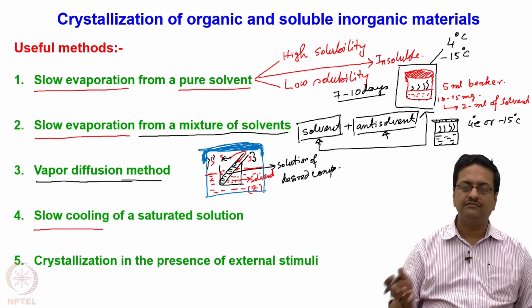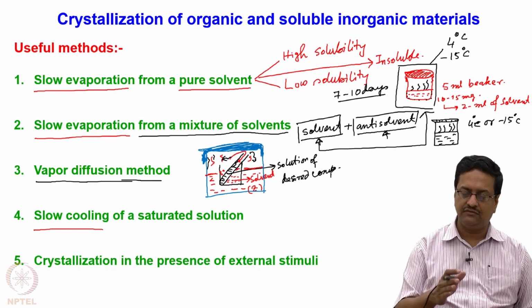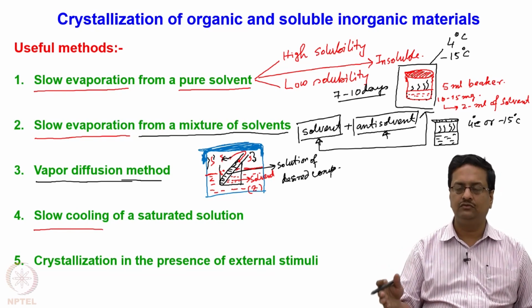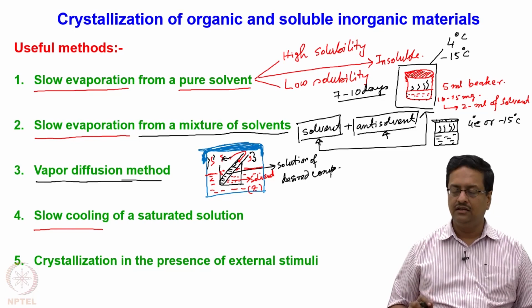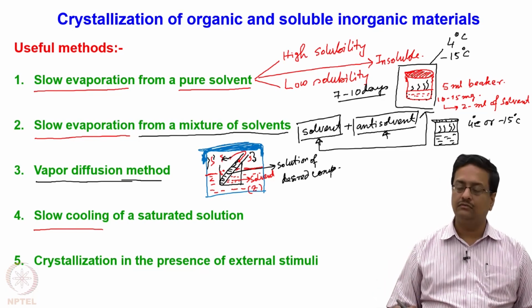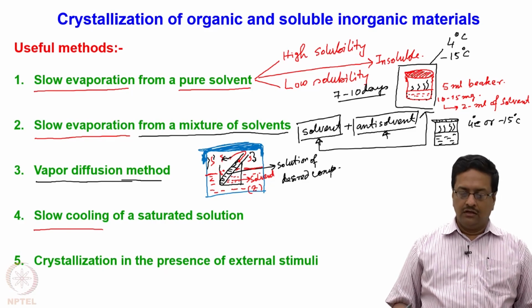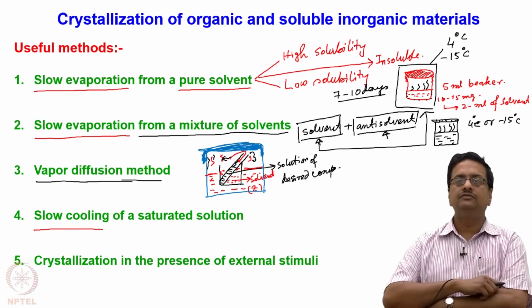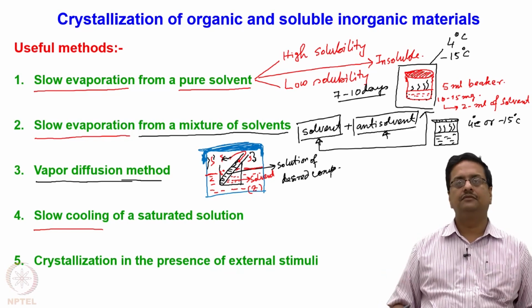So by this vapor diffusion method, the diffusion of vapor of solvent 1 in solvent 2 and solvent 2 in solvent 1 may result in a good quality single crystal growth. This method is many times useful in case of organic compounds.